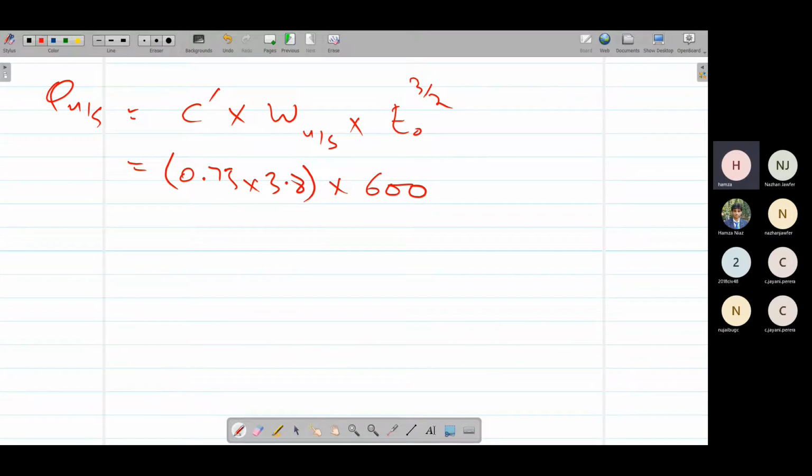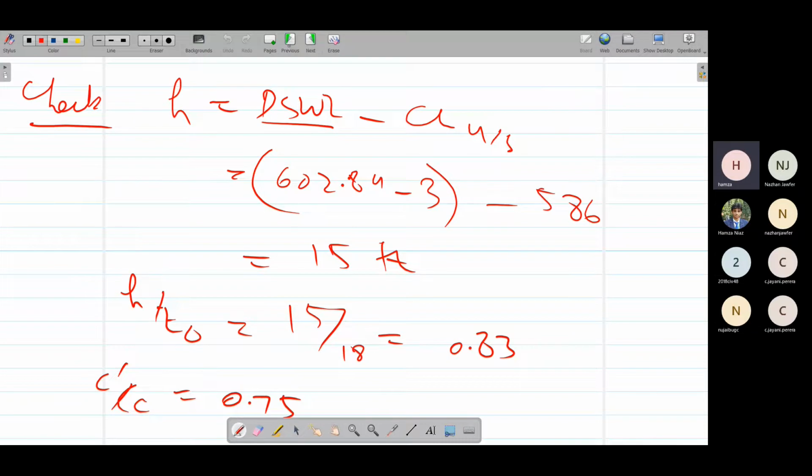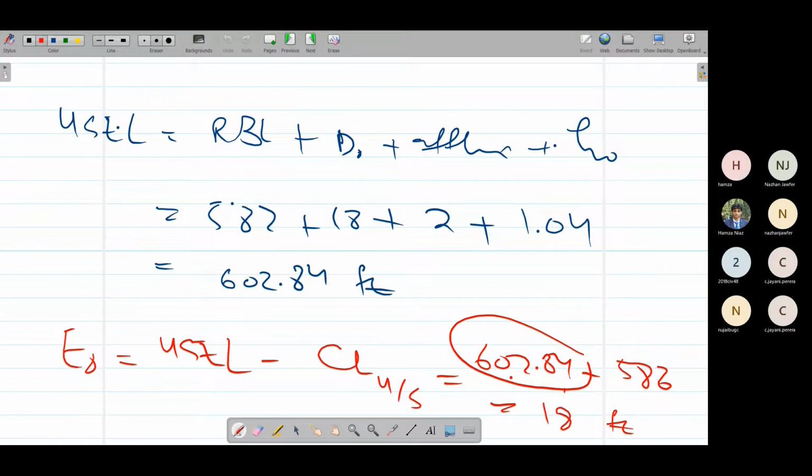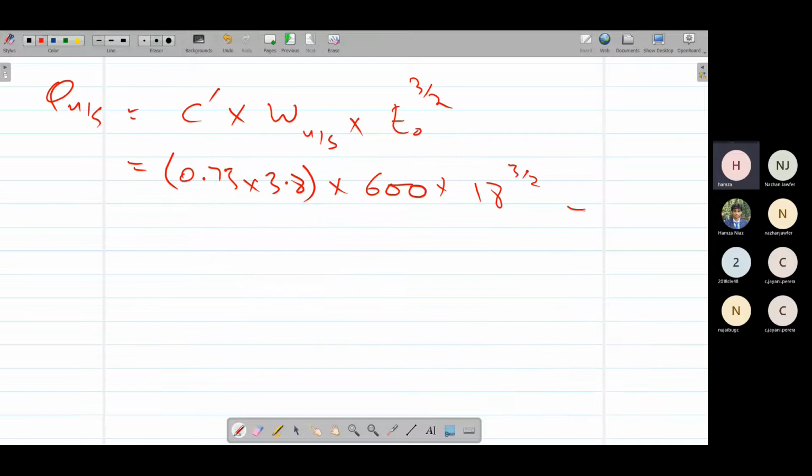So the 300 feet width was on one side, so 600 feet is the total width of under sluices. And E naught value we just calculated before, 18 feet, 18 power 3 by 2. So this way we can calculate discharge of under sluices, 132,000 CFS approximately.